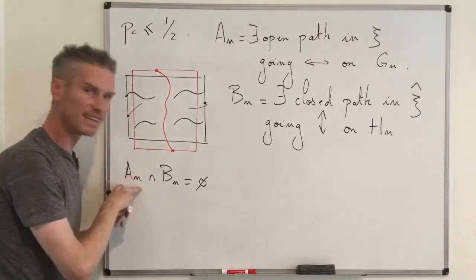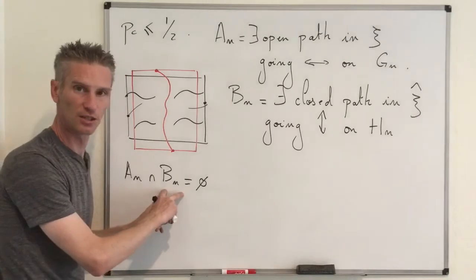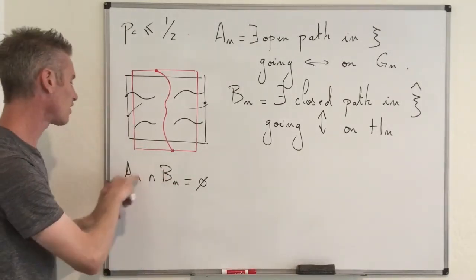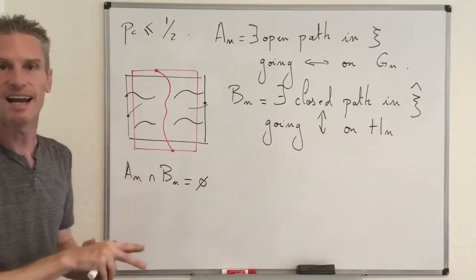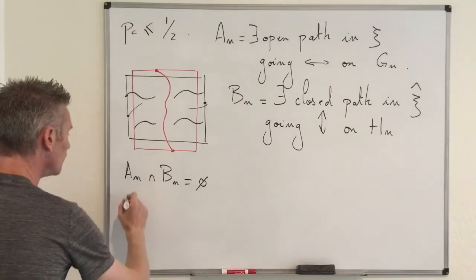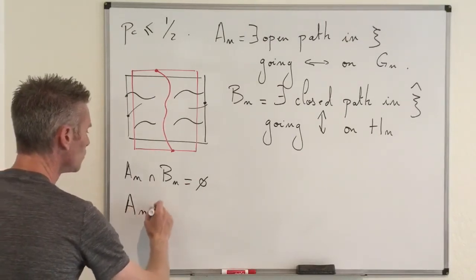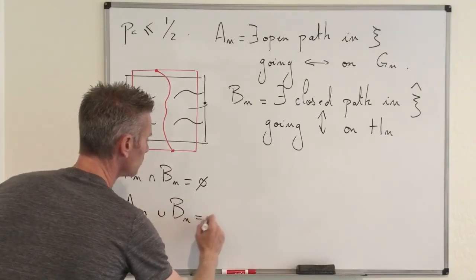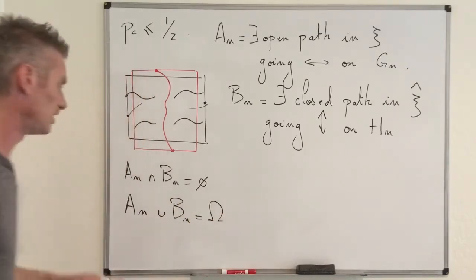So if An does not occur, then Bn should occur, and similarly, if Bn does not occur, then An must occur. So that means that the union of those two is equal to the set of all the realizations. So we have An union Bn is equal to, well, the set that we usually call omega.